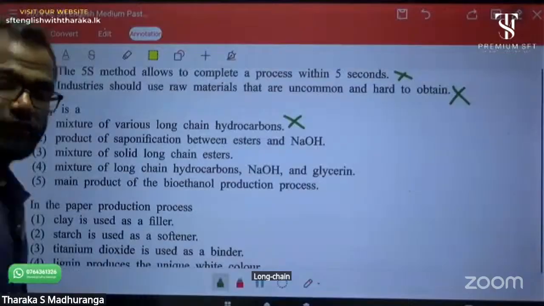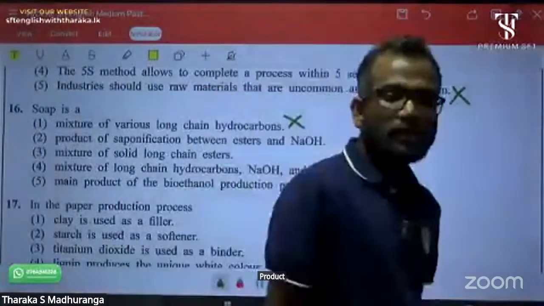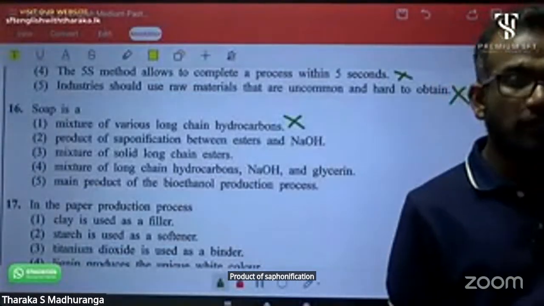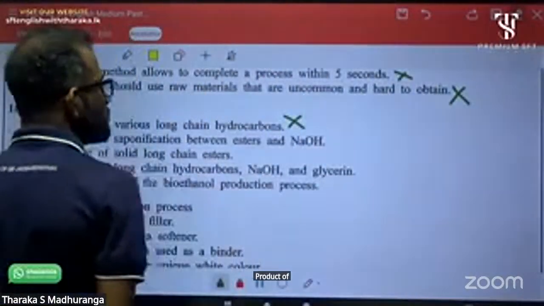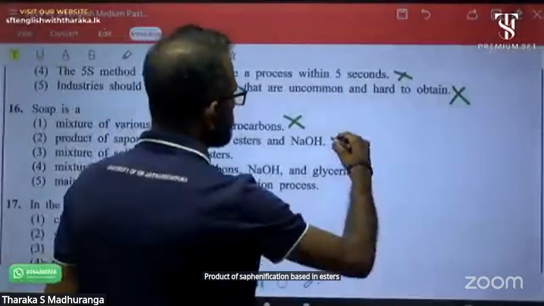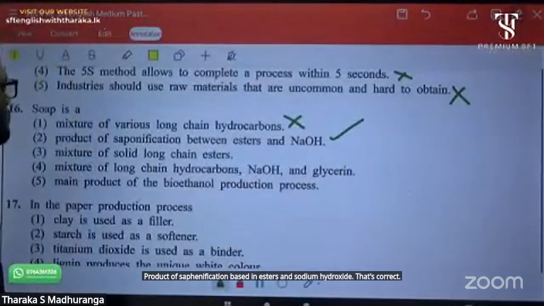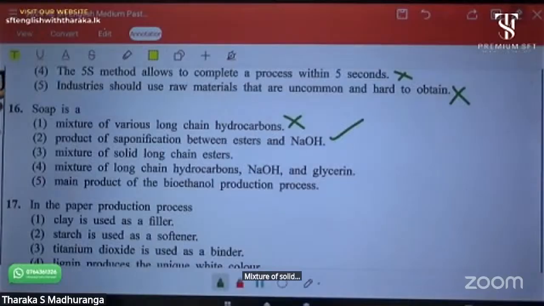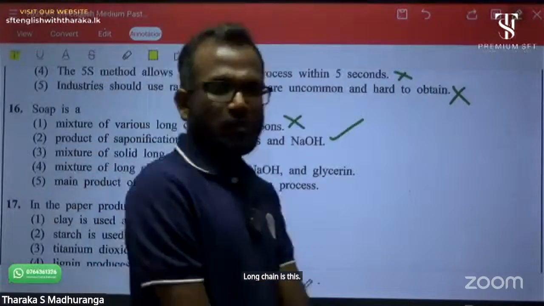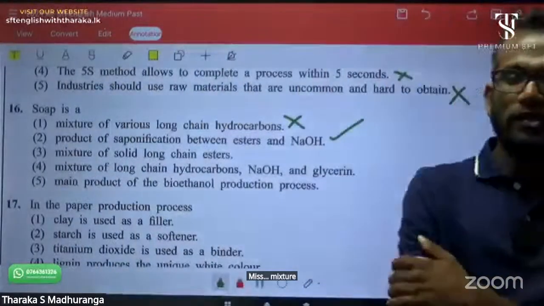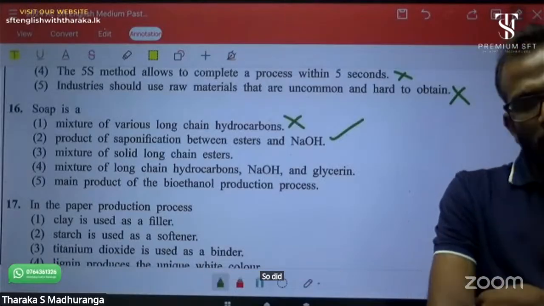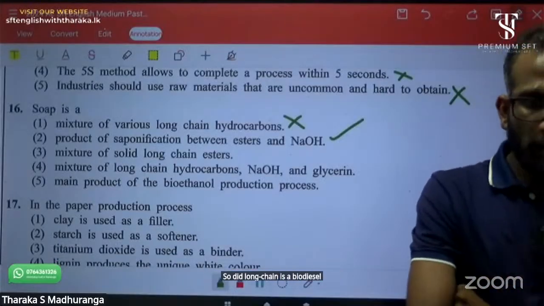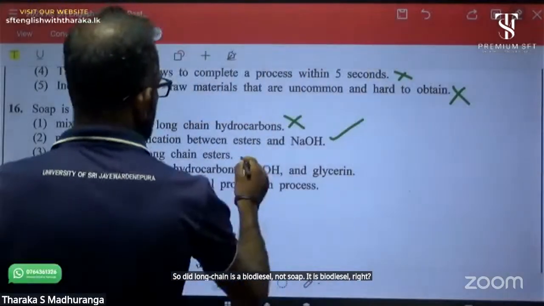Product of saponification. That's correct. The chemical reaction that takes place in soap production is called saponification, between esters and sodium hydroxide. Mixture of solid long chain esters? A long chain ester is biodiesel, not soap.